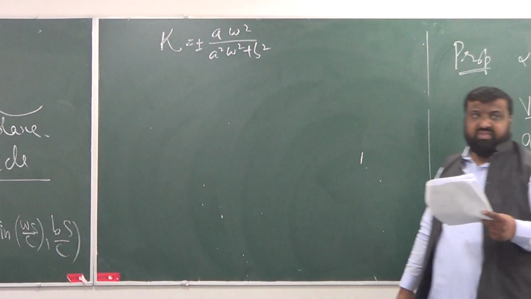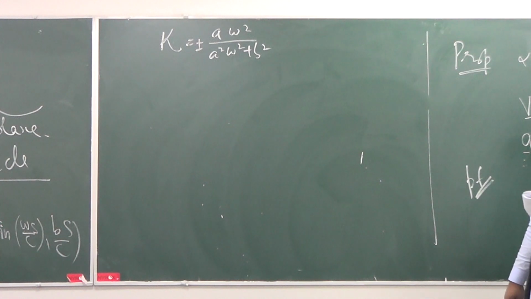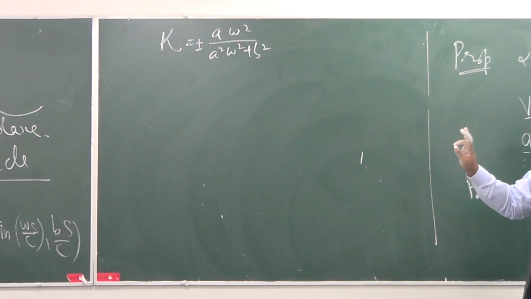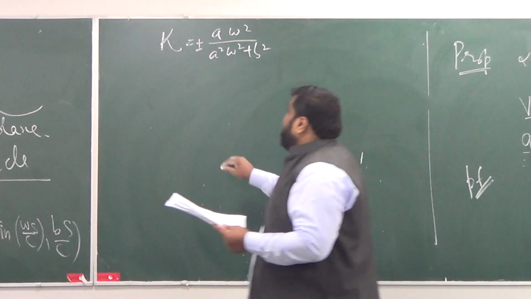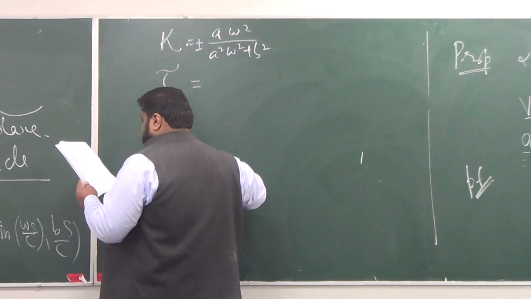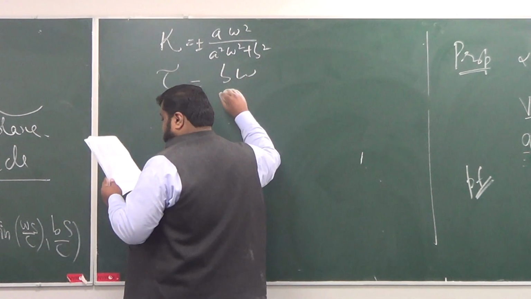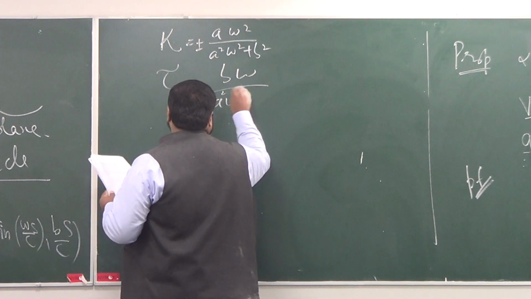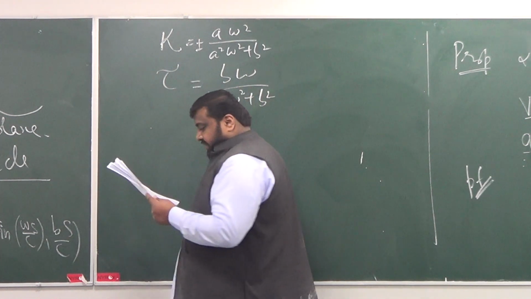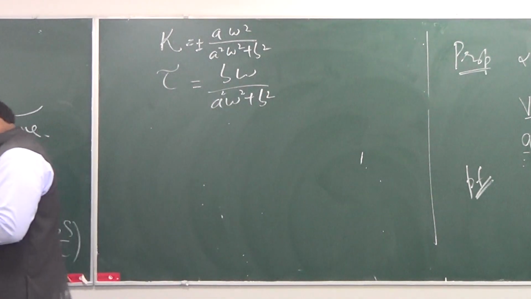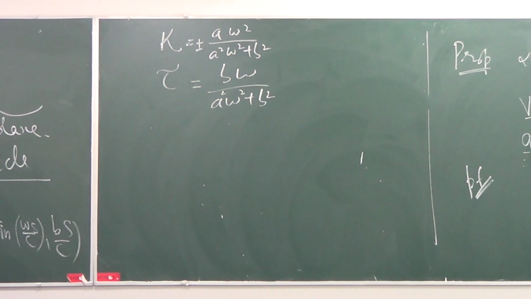You could have a negative curvature as well, but for us it's sufficient to consider the positive curvature. And the torsion tau is going to be b omega over a squared omega squared plus b squared. This is what you're going to get.